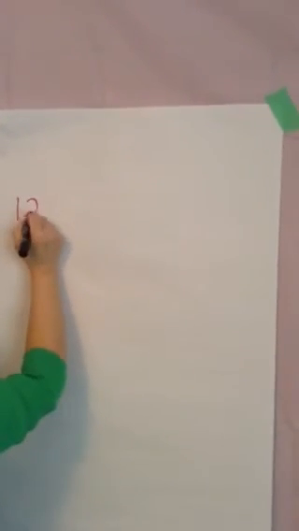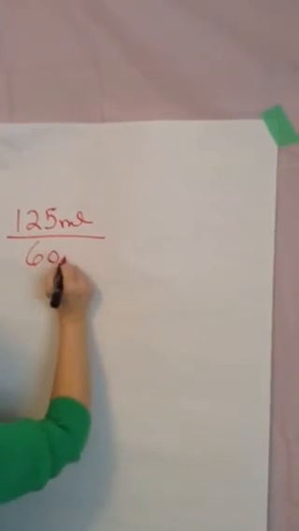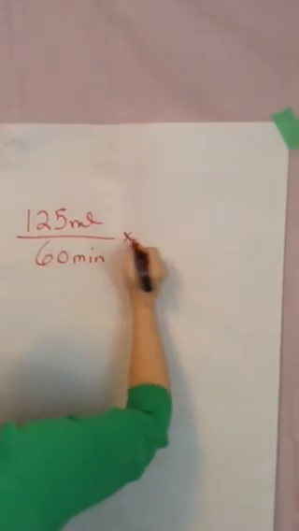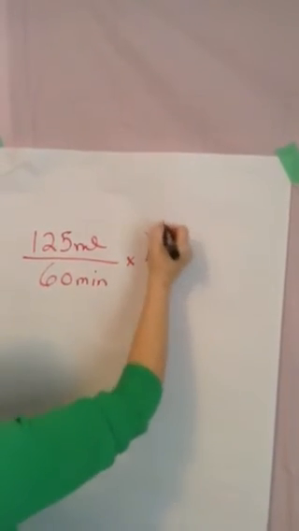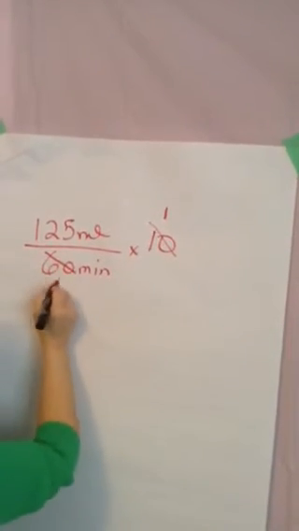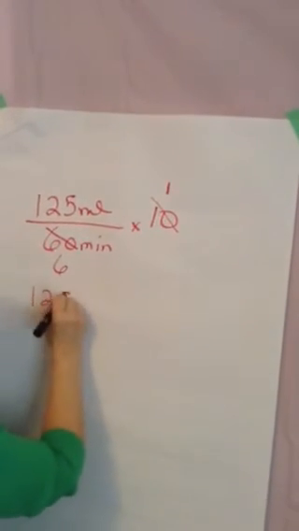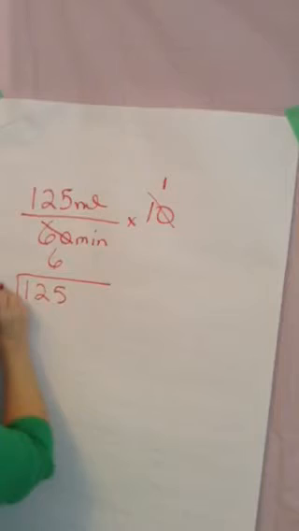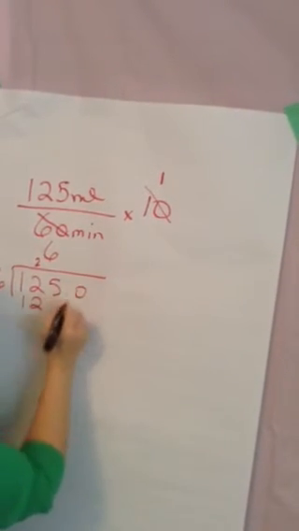Okay, so we're down to 125 mils per hour, which is 60 minutes, times our drop factor, and we're at Lake Ridge, which is 10. 10 goes in there once, 10 goes in there 6 times. So 125 divided by 6. 12, we're going to do 0 here.